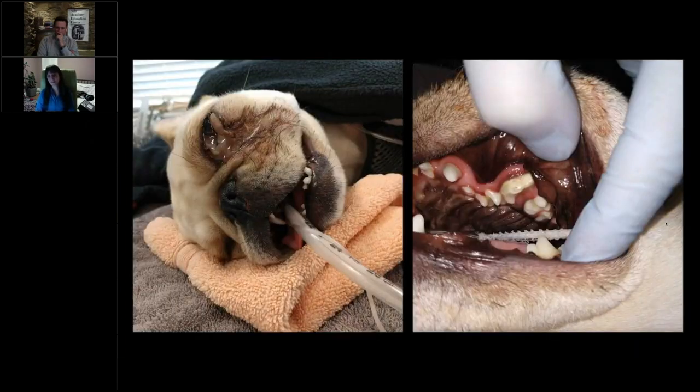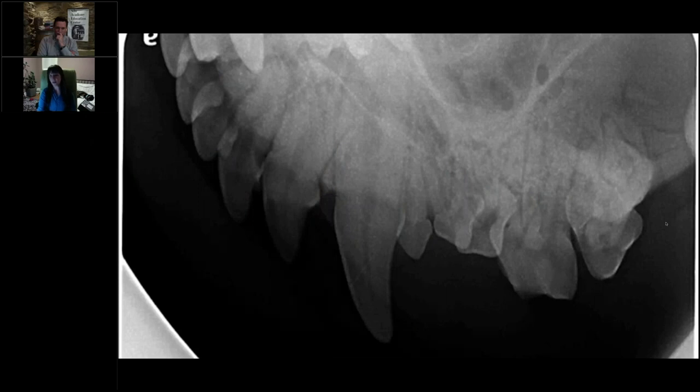So we anesthetized him. And the first thing we saw was the broken 4th premolar there. But I needed to be pretty convinced that all this discharge was from a tooth and nothing else. And here's our x-ray. Steve showed you this x-ray, and I don't know if anybody disagrees. When we have our chat at the end, we can talk about it, but I did not see anything on this x-ray that convinced me that much swelling and that much pustular discharge was from a tooth.